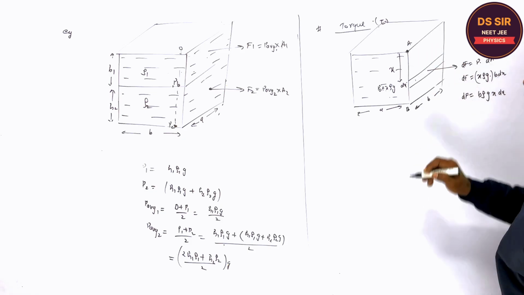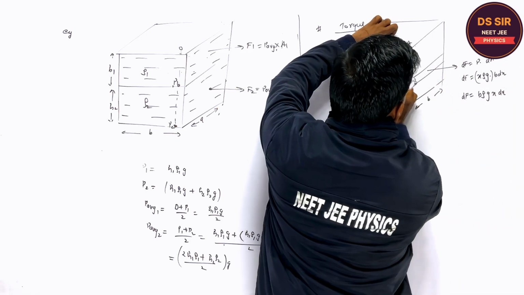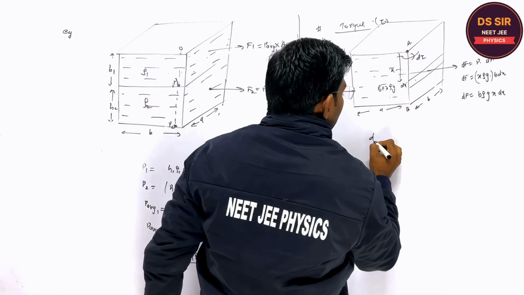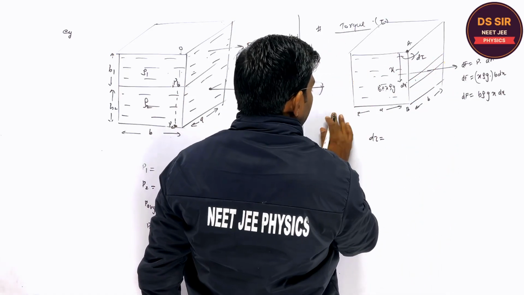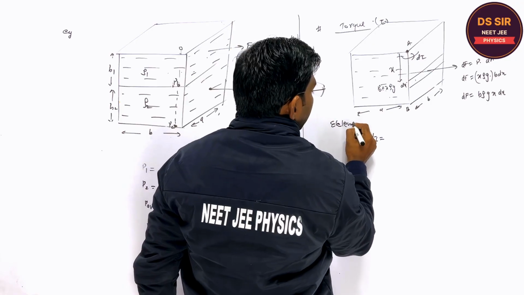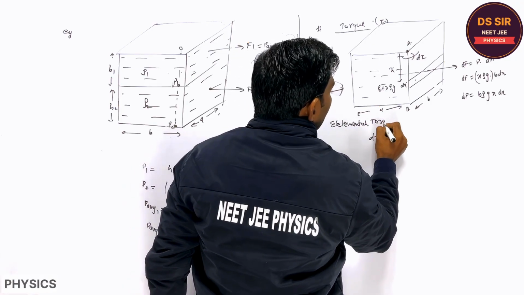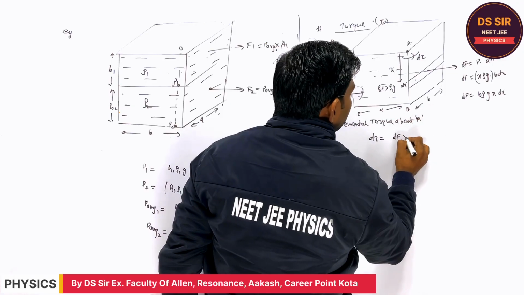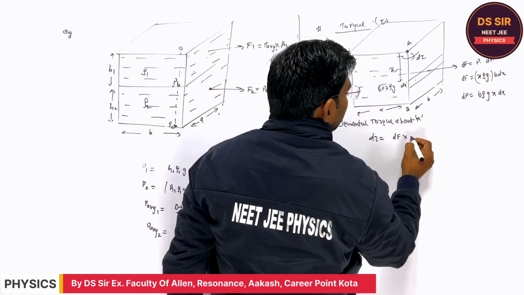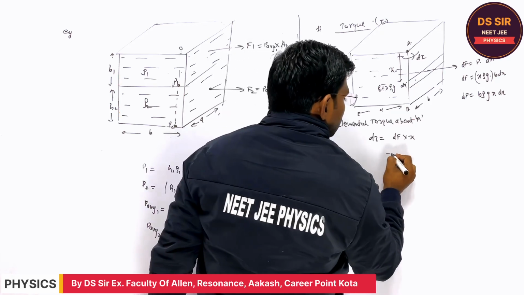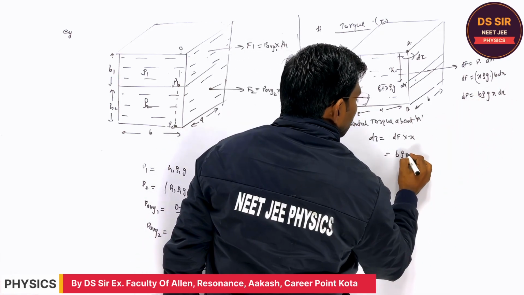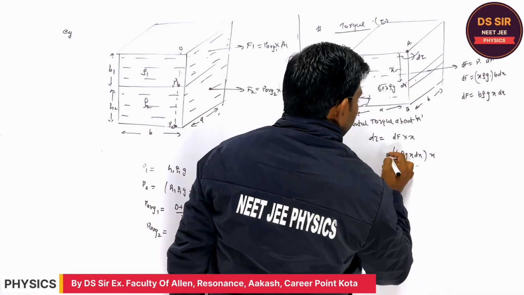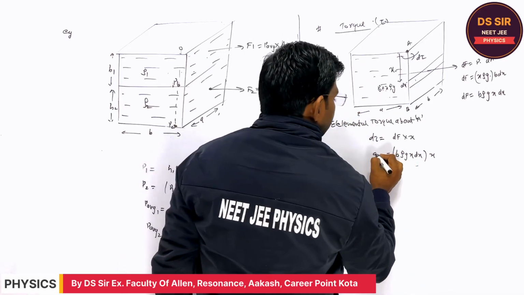So about this point, if they want to find the torque of this net force, how to find the d tau? d tau will be the elemental torque about A. d tau is equal to dF into perpendicular distance. And what is this perpendicular distance? I think it is x. So what is the elemental force? B rho g x into dx, multiplied by x. Is it clear or not? And this is the d tau.